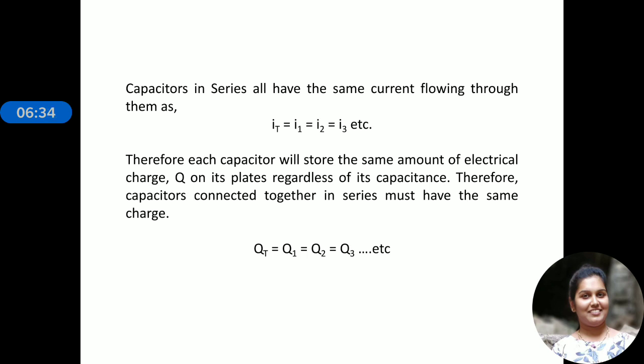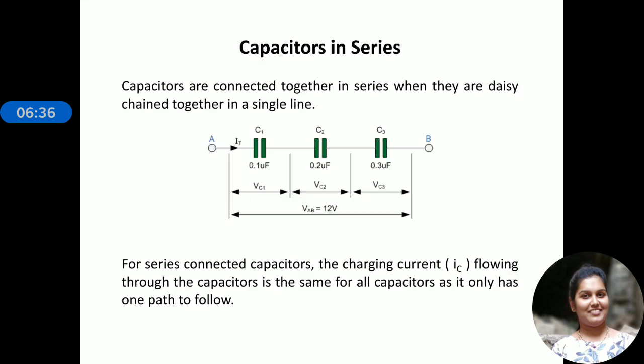Here, when we observe this circuit with three capacitors C1, C2 and C3, all are connected together in a series branch across a supply voltage between the points A and B. Here the supply voltage applied, VAB, is equal to 12 volts.